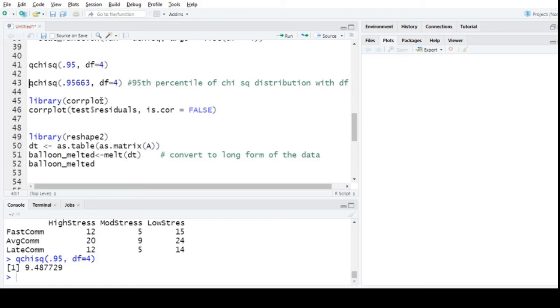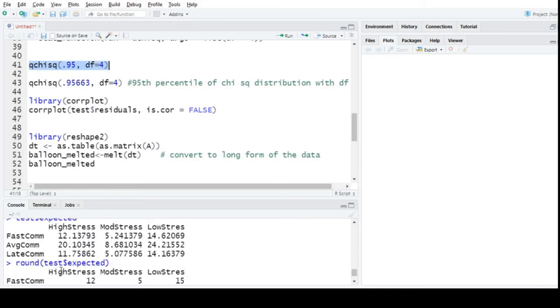There is a standard chi-square distribution chart, where these values are called the critical values for chi-square with p-value 0.05, that is 95% probability, and degrees of freedom 4, 3, 6, and all the various degrees of freedom. So this is what we calculated here, instead of remembering the chart. The value should ideally be either less than or equal to 9.48.